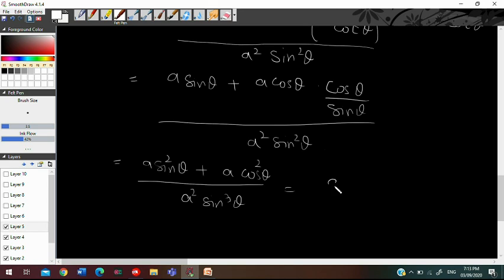So a into 1 divided by a square sine cube theta. A and a are cancelled, and this is square. So 1 by a sine cube theta is the answer of this question.